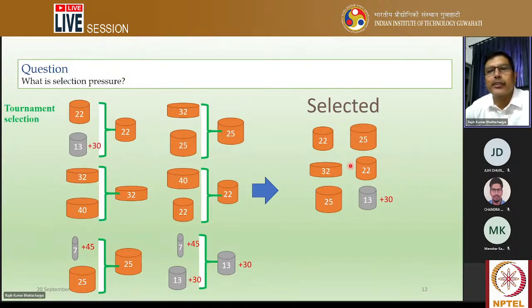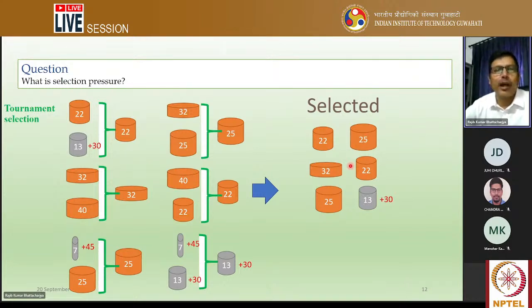If you are increasing your selection pressure, suppose I am defining selection pressure in terms of tournament size, then from 2 to 3 you are putting more pressure, and from 3 to 4 you are putting even more pressure. In that case, all the solutions will be saturated with the best solution, and you will get premature convergence. You may not get the global optimal solution of this problem.